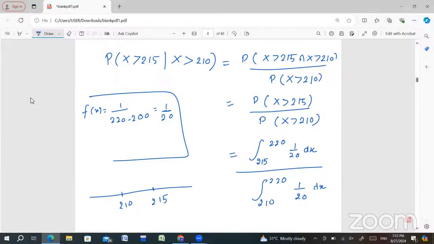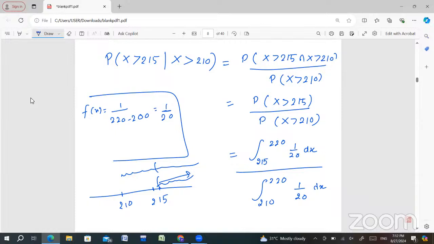It is saying that x is greater than 215 means these values, and x is greater than 210 means these values. So if you take the intersection of these, you will get this part. If any value is greater than 215, then definitely it will be greater than 210 also, right? So you can write it like this.